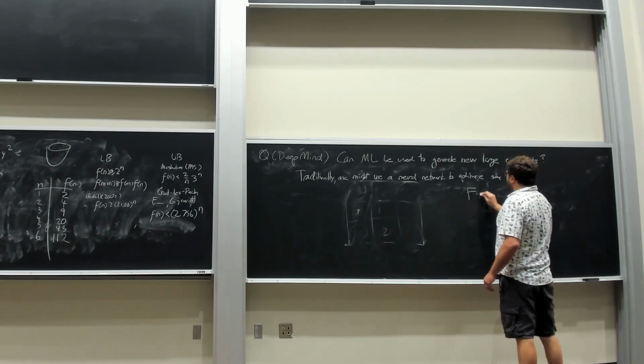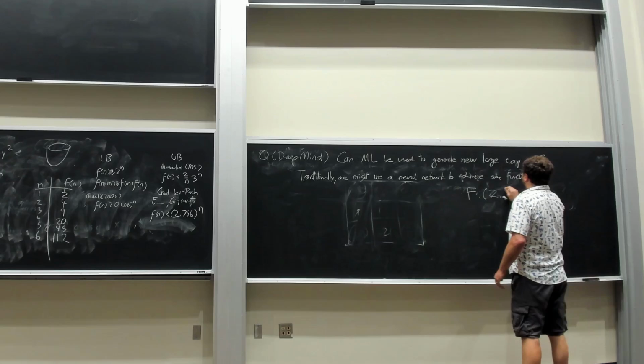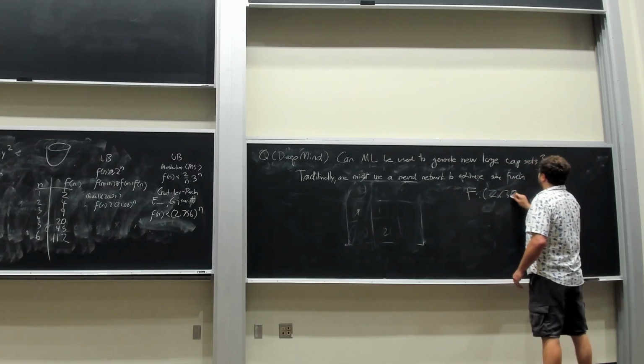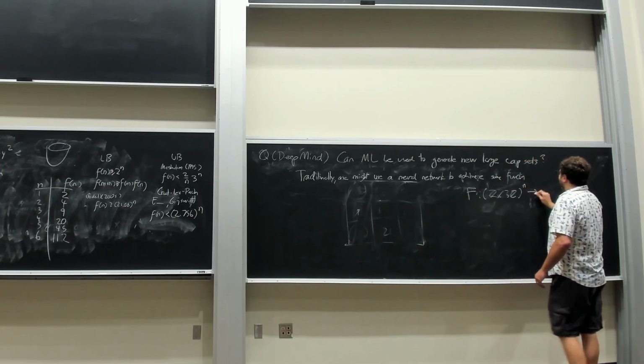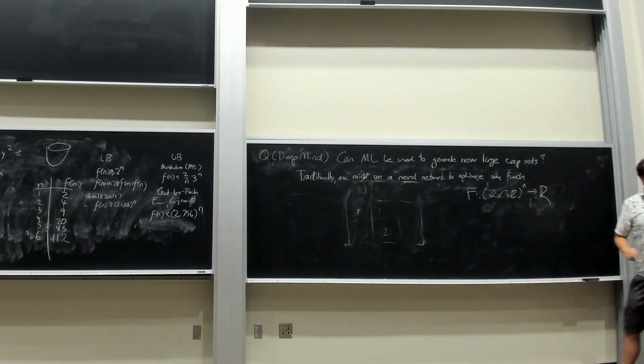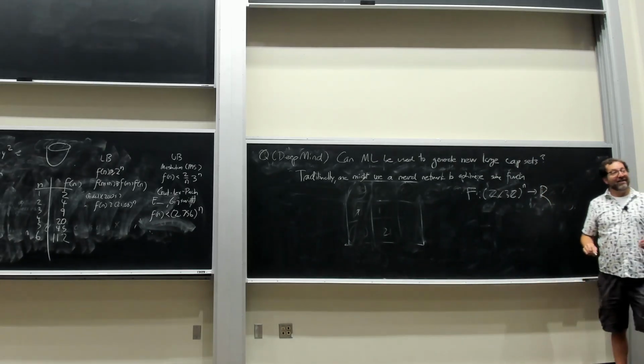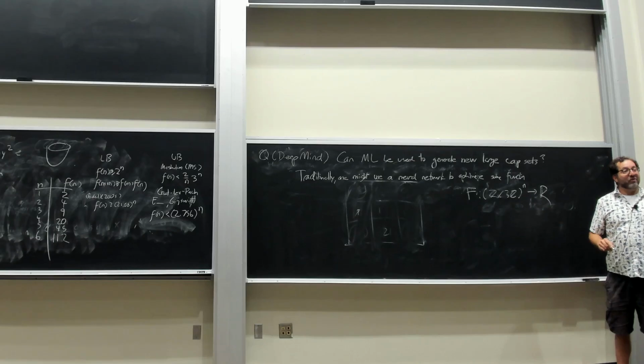Maybe you would try to learn some function f from (Z/3Z)^n to R, a real valued function, because usually the machinery of neural networks is to learn real numbers.